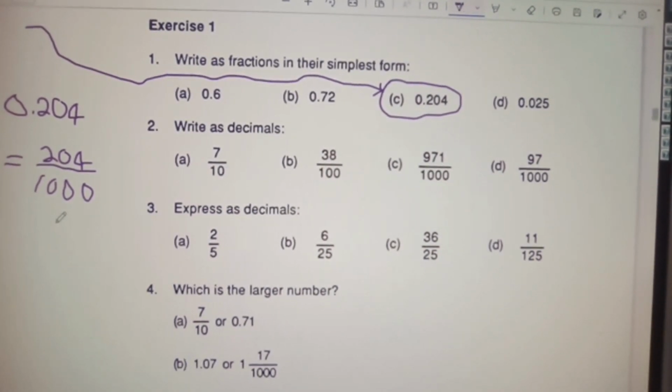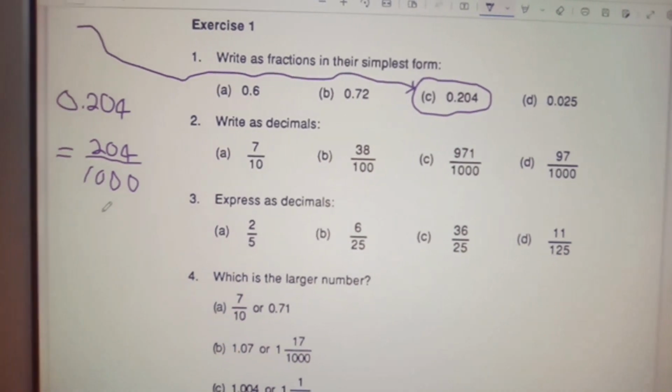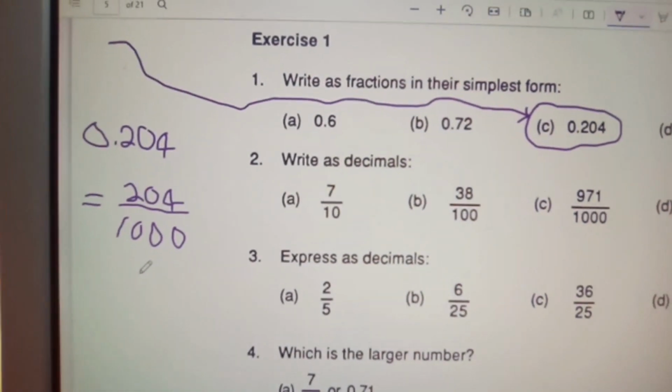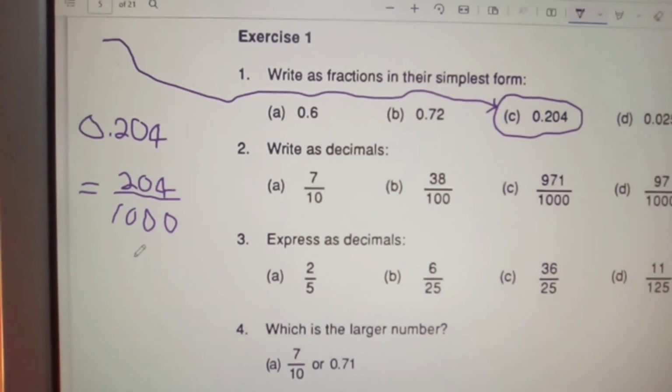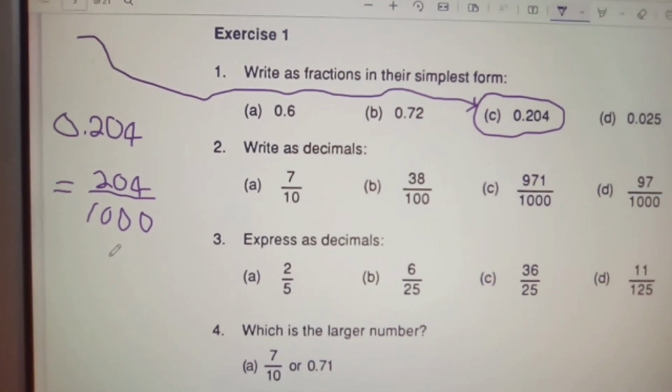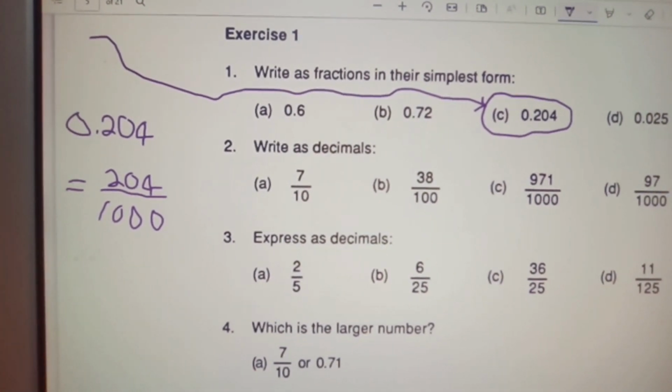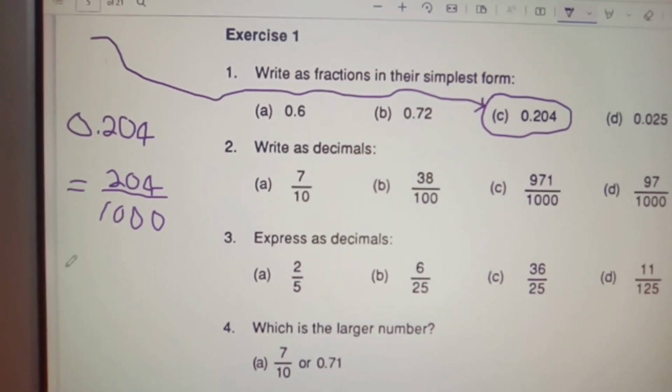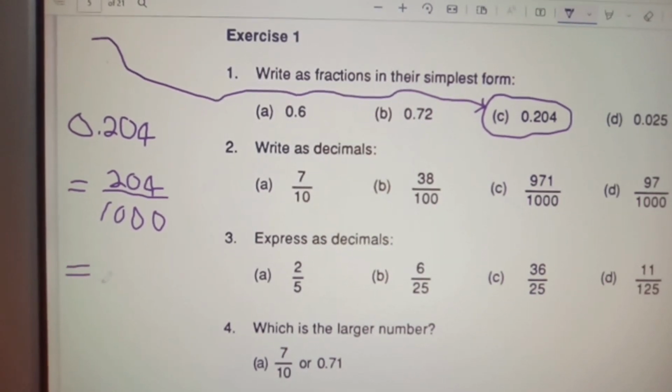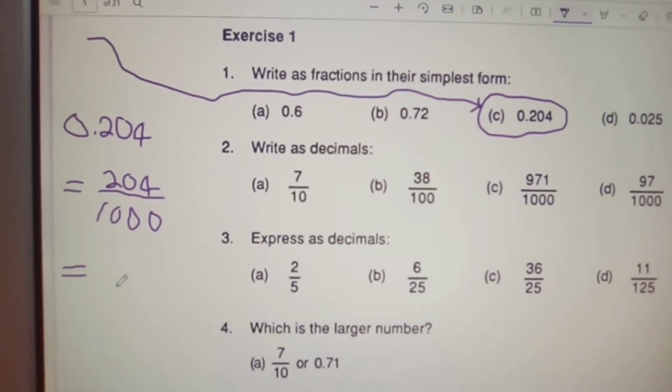What we're saying then is 204 divided by 1000 is equal to what? Well, we don't know yet. But for you bright addicts, you can probably do that for yourselves, okay? But for those of us who are not that bright, we have to do it the hard way.